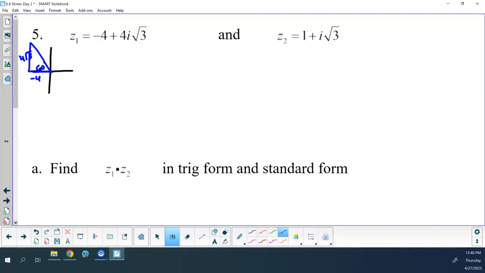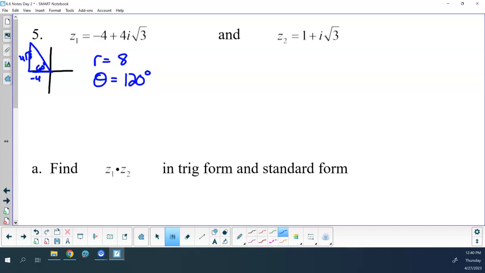That's a 30, 60, 90, because one of them's got the square root of 3. Longer one is the square root of 3, so we're going to double the short. So my R value here is 8, and my theta value would be 120, because I'm in quadrant 2.